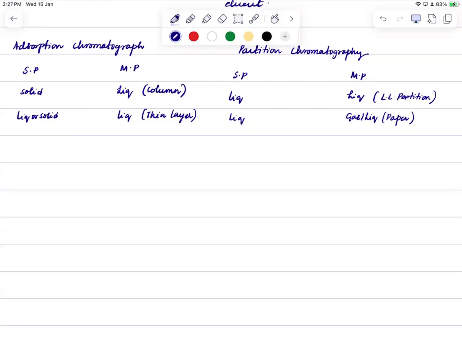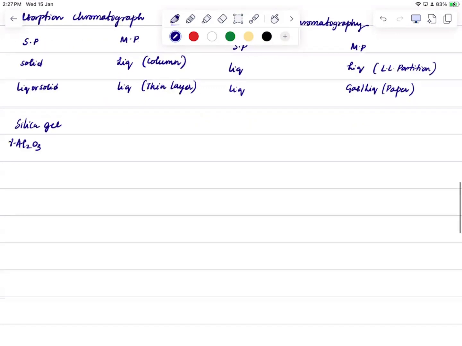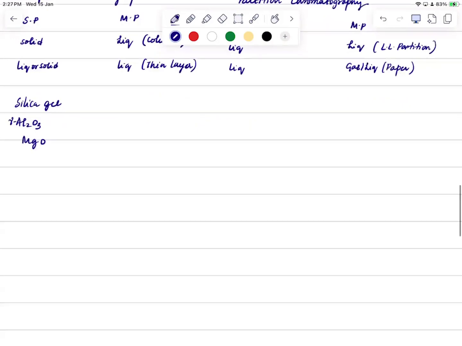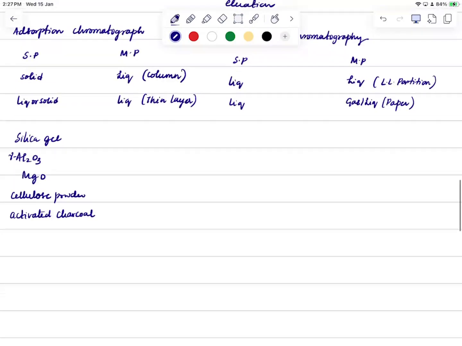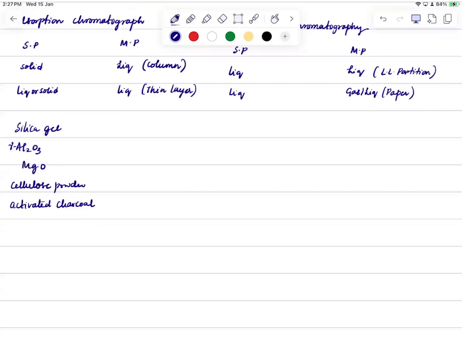The types of solids we'll be using here are silica gel, Al2O3 or gamma Al2O3, magnesium oxide, cellulose powder, activated charcoal. These are the materials used, okay? So just keep that in mind. Whenever we are talking about adsorption chromatography, these are the materials which we will be using, okay?